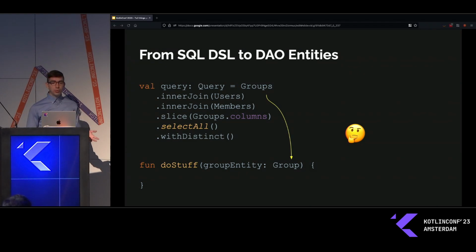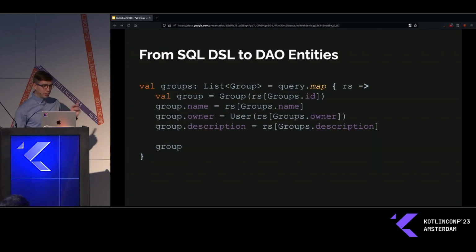So how would you translate between query results and the entities? You may try the following. Map through the results of the query. Query supports different higher order functions, for example, map. And then you can try to create an entity for each of the results manually.